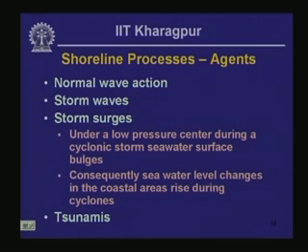Because of this low pressure center, the seawater surface bulges, it is sucked upward, and as a result the elevation of the sea level increases greatly near the coastal areas. And tsunami is another agent that leads to all these shoreline processes.